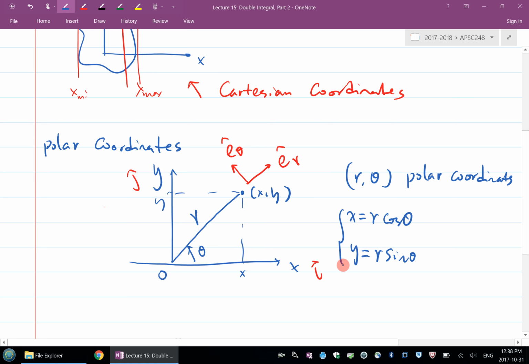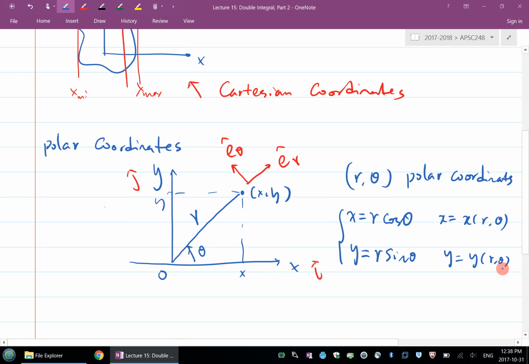Okay, so that's the connection between the polar and the Cartesian coordinates. So x is a function of r and theta, and y is a function of r and theta too. We will illustrate this a little bit more in the next step when we have a general coordinate change.